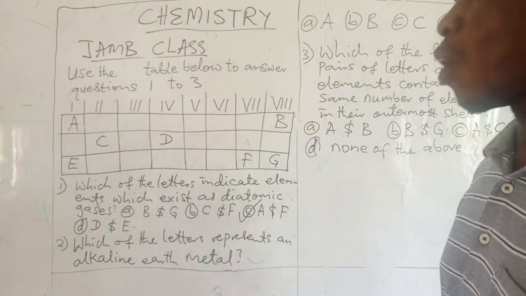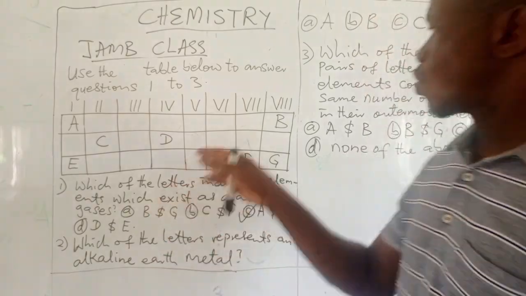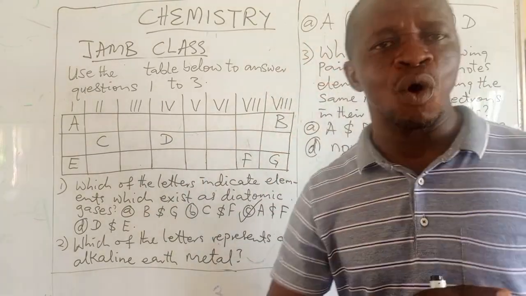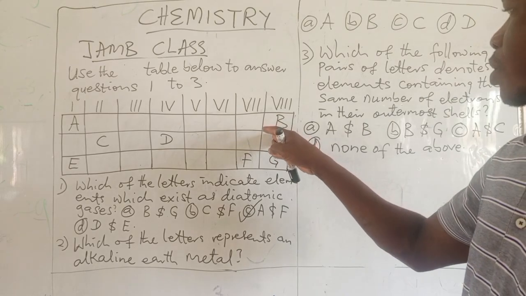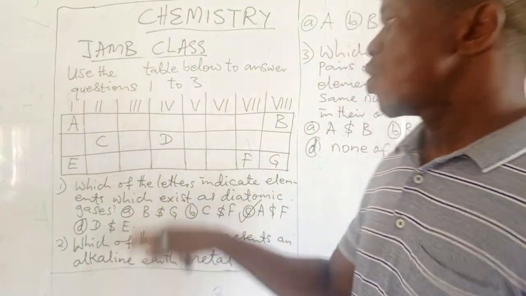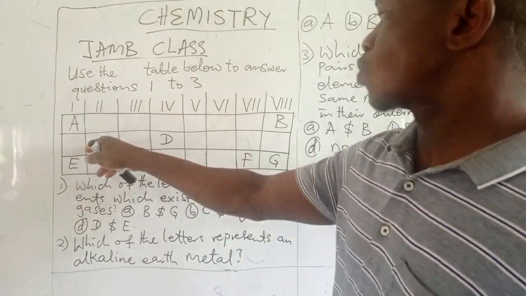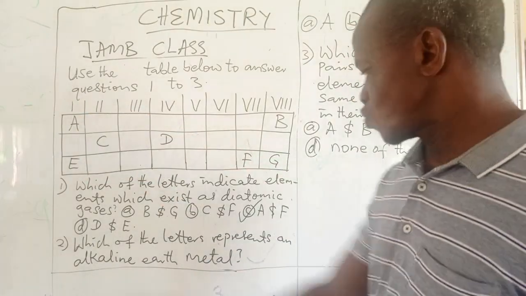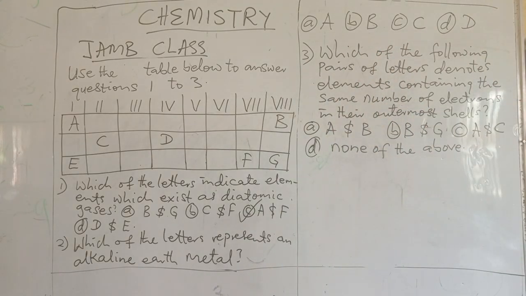Group 2 are called alkaline earth metals. Group 7 are called halogens. Group 8 are called noble gases. So this alkaline earth metal is C. So for number 2, check where you have C. C is correct.